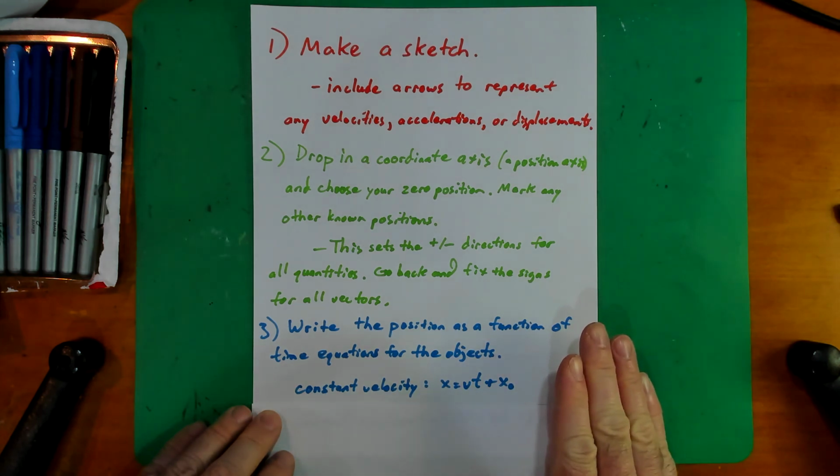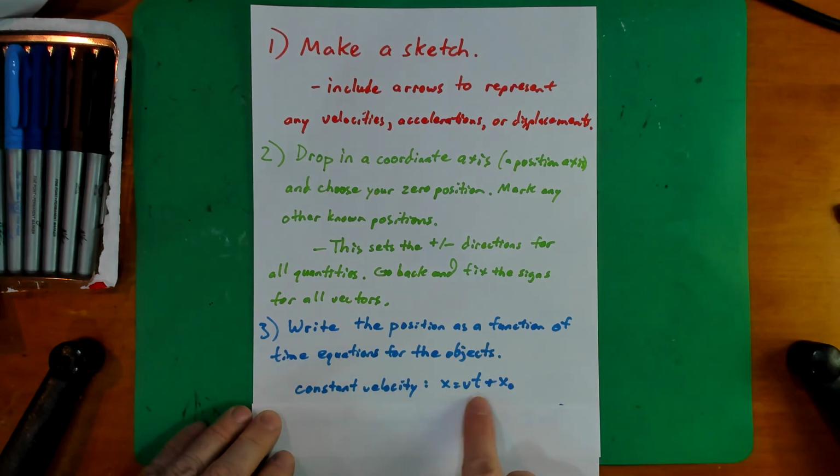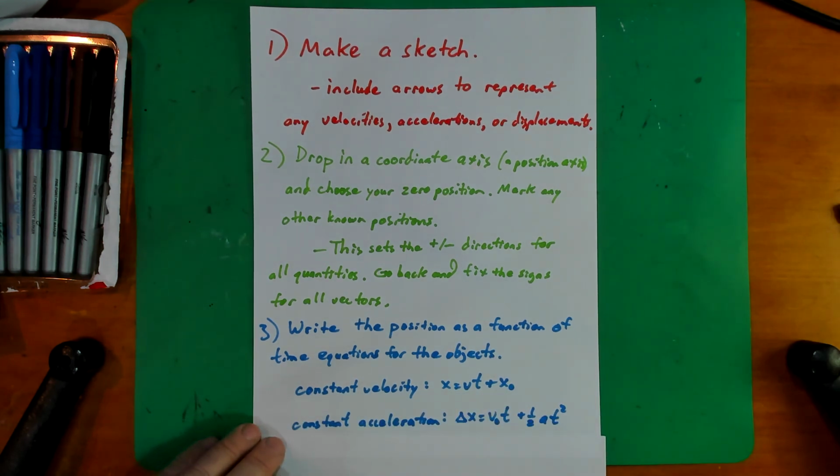On the other hand, if it doesn't have a constant velocity, you cannot use this model. So we model it instead. For something that has a constant acceleration, we can use the equation we developed from the cart rolling down the ramp lab, the accelerated motion lab: delta x equals v naught t plus 1/2 at squared. But remember, our goal is to find position as a function of time.